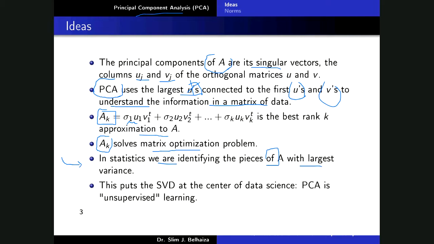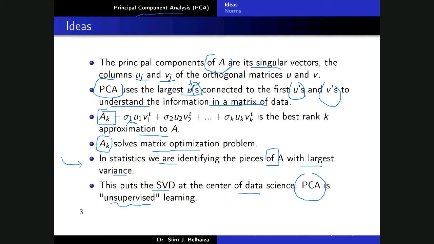Okay, for example, this SVD, singular value decomposition, is at the center of data science. So PCA is a kind of what we call unsupervised learning, because what does SVD do? SVD gives you the most important part in your data matrix. Okay, and the way to approximate it.